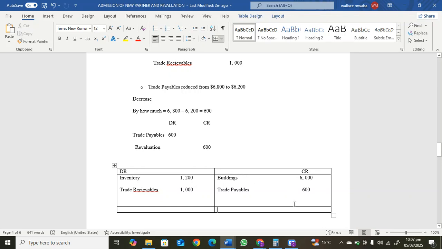On our credit side, we have 6,600. On our debit side, we have 2,200. So we've got more gains than losses.